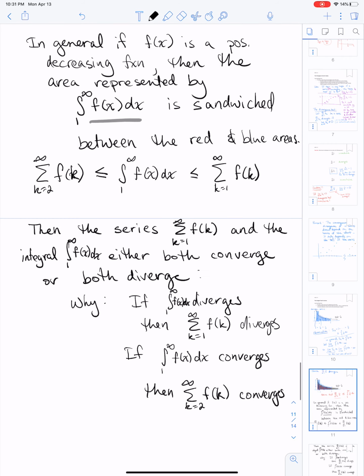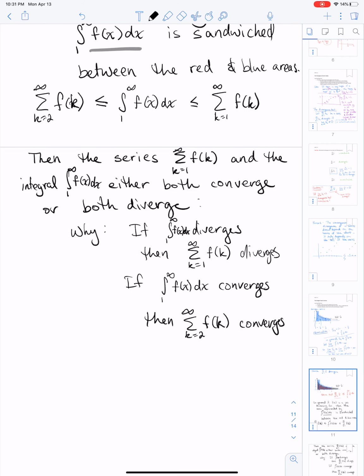If we just add in f of 1, that doesn't change convergence because f of 1 is just a number. So the sum from k equals 1 to infinity also converges. So the whole series converges.